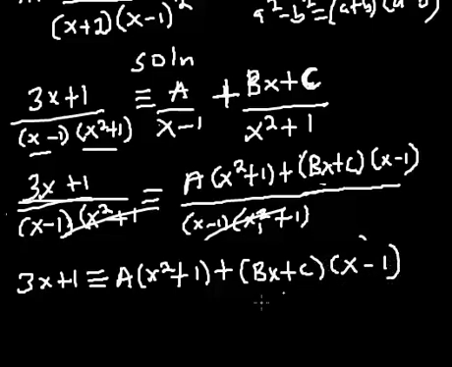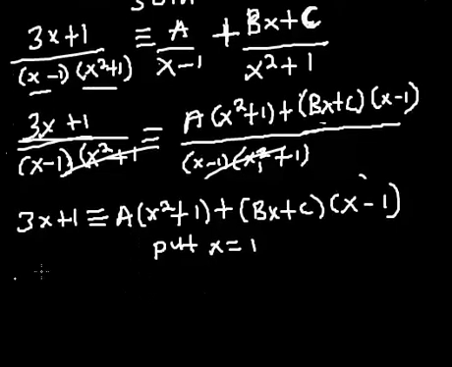So I can still eliminate the entire bracket by putting x to be equal to 1. To make this bracket 0, once this bracket is 0, this B and C inside this bracket will be 0, so I can get my A. So it's still going to be the same thing.